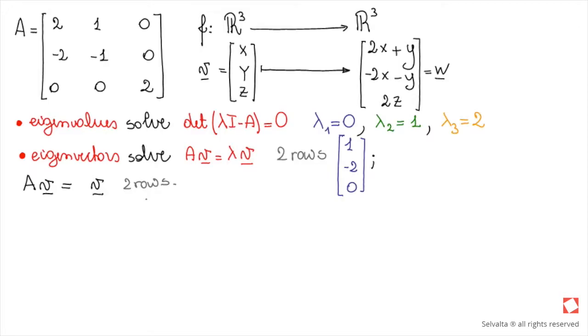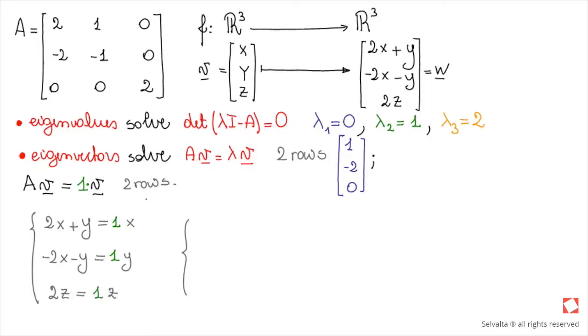And now I search for the eigenvectors associated to the problem AV equal 1v, since 1 is the second eigenvalue. We will have 2x plus y equal to 1 times x in the first row. In the second row, minus 2x minus y equal to 1y, and in the third row 2z equal 1z. And out of 3, only 2 rows have to be kept in the calculation. We deduce that from the last condition z is 0.